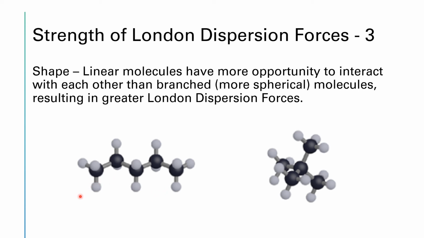The linear molecules have more opportunity for one molecule to interact with another molecule along the length of that chain, whereas this branched molecule that's almost spherical in shape, even though it has the exact same number of atoms as the molecule on the left, is not going to have as strong London dispersion forces because there's not as much opportunity for this molecule to interact with an adjacent spherical molecule.